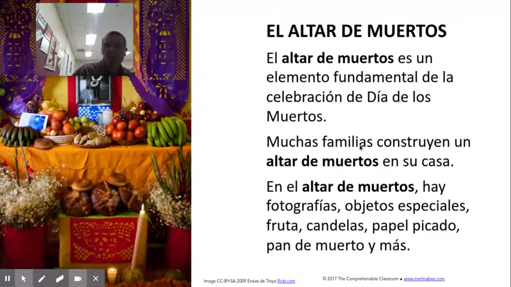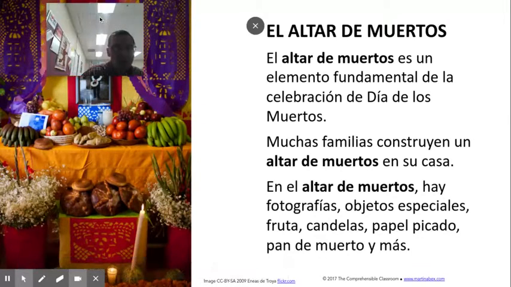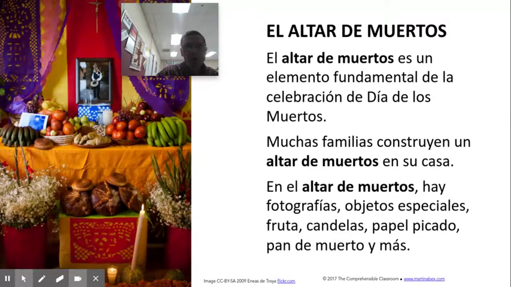Muchas familias construyen, remember, un altar de muertos en su casa. Casa. Everybody lives in a casa. En el altar de muertos hay fotografías. So aquí, let me move out of the way. Esta es una fotografía.